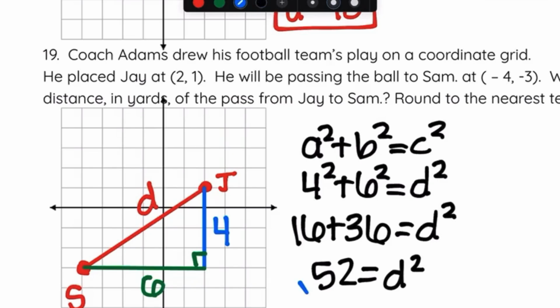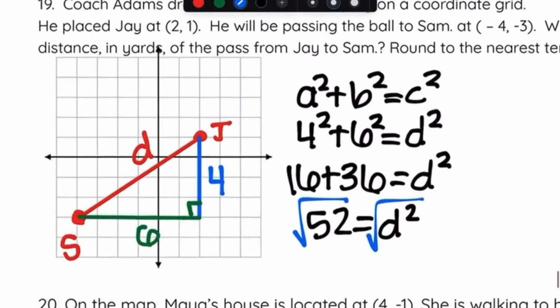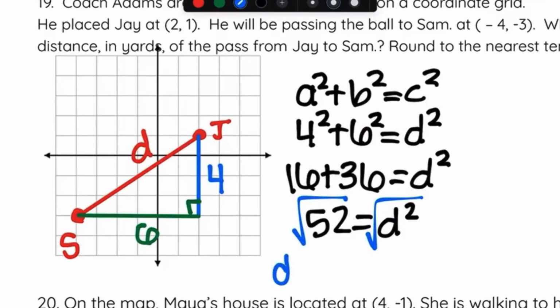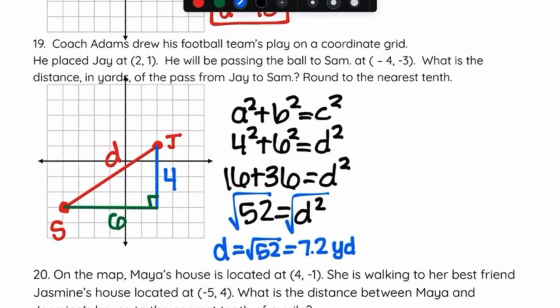And so when I take the square root of both sides, I get the square root of 52, I have to type in my calculator, and I get 7.2, and I know it's yards in this case because it says, what is the distance in yards from J to Sam? So, like, they tell me right there, I'm looking about yards.